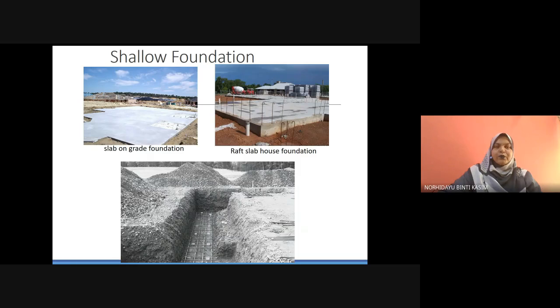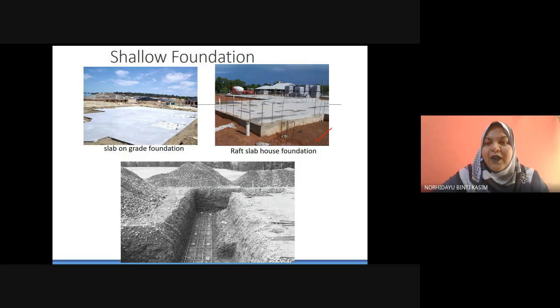So this is the photo of the shallow foundation. First photo is slab on grade foundation. And then we have raft slab house foundation. This is the foundation for the house.